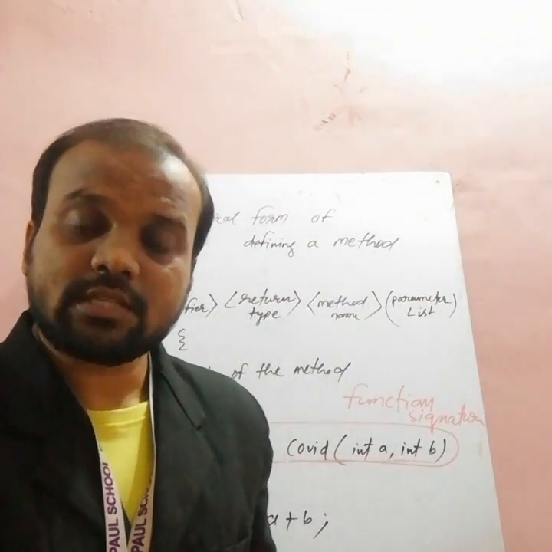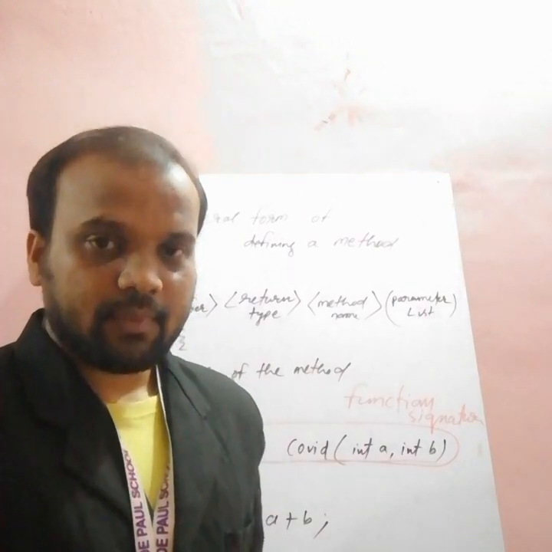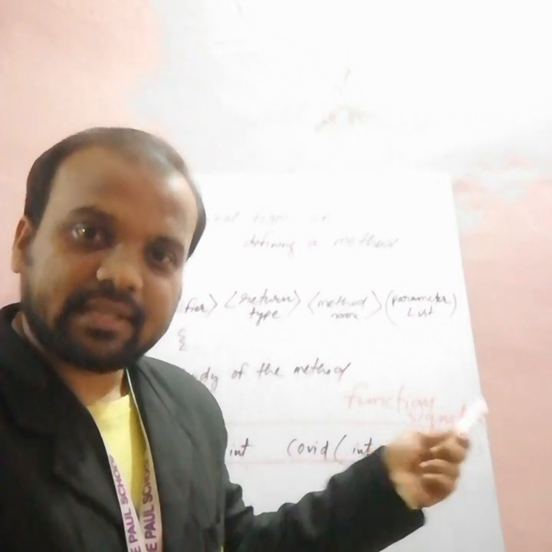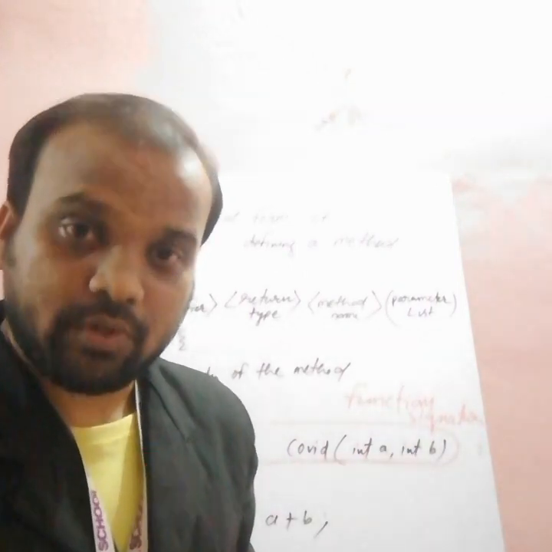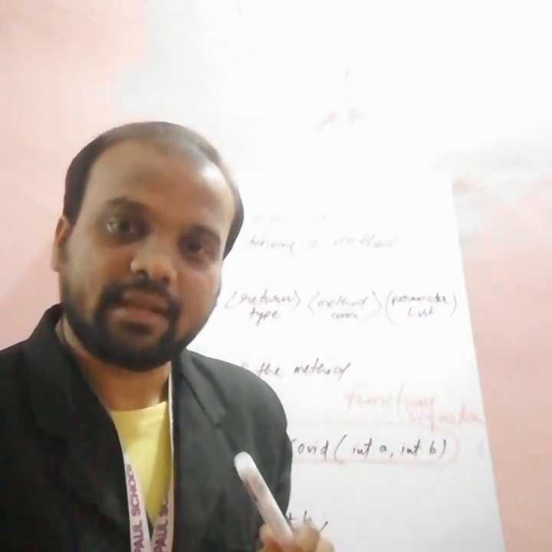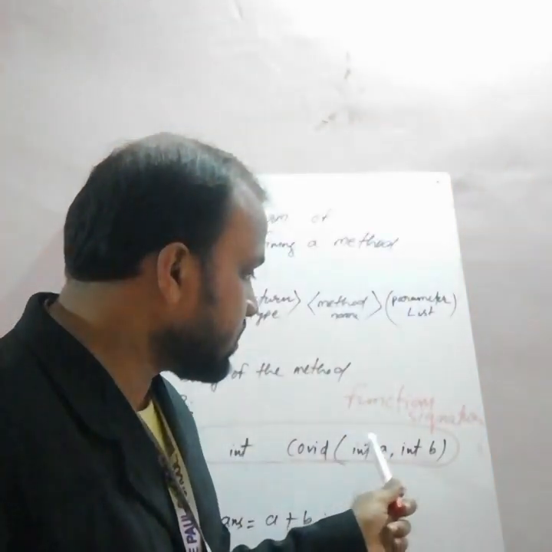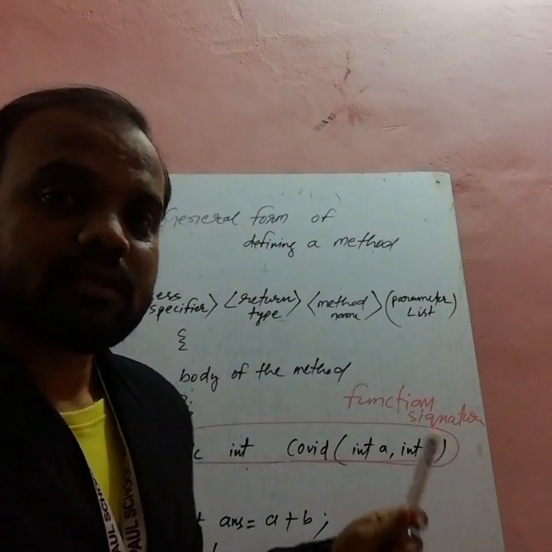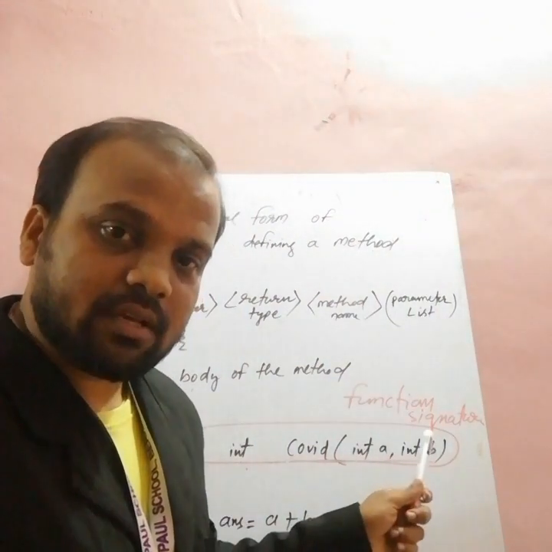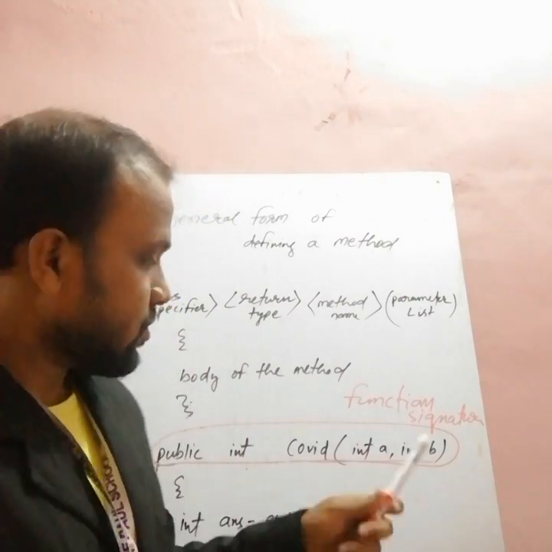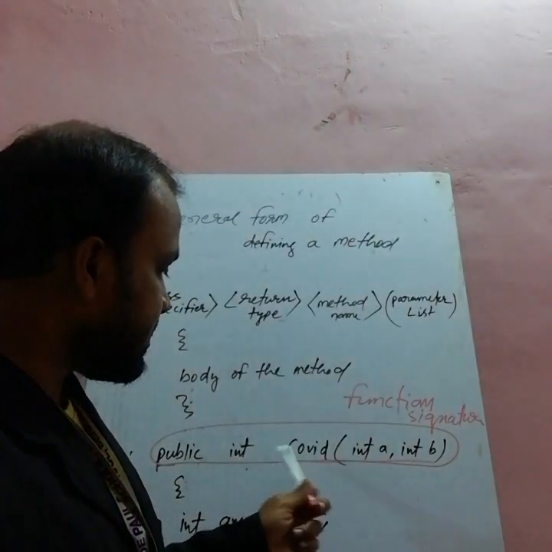Now, what is a function prototype? As I said, the first line of the function definition is known as the function prototype or function header. So a function header contains the function signature. It means the function name as well as the parameters. So here the function returns an integer type.